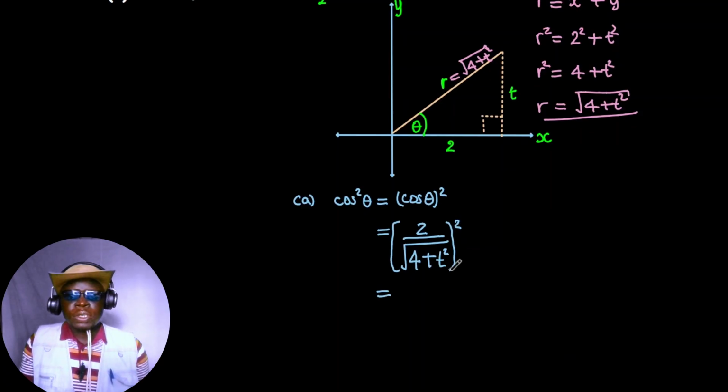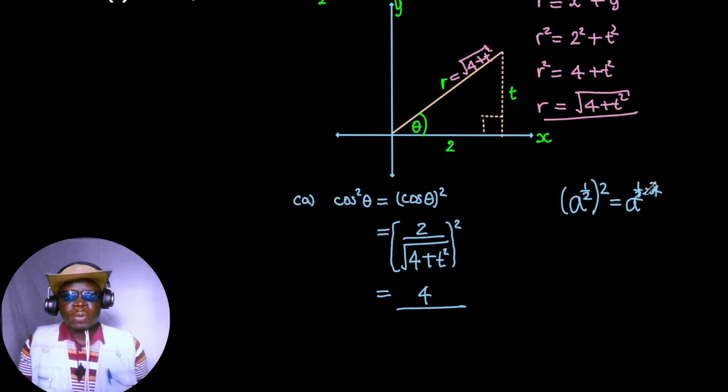Let's distribute this exponent to the two numbers. The numerator will go to 4, and this square will cross with our square root. If you have a number raised to the power of a half and again to another square, these exponents multiply, so you have a to the exponent of 1 over 2 times 2, and the 2 will cancel, leaving it to the exponent of 1, and anything to the power 1 is itself.